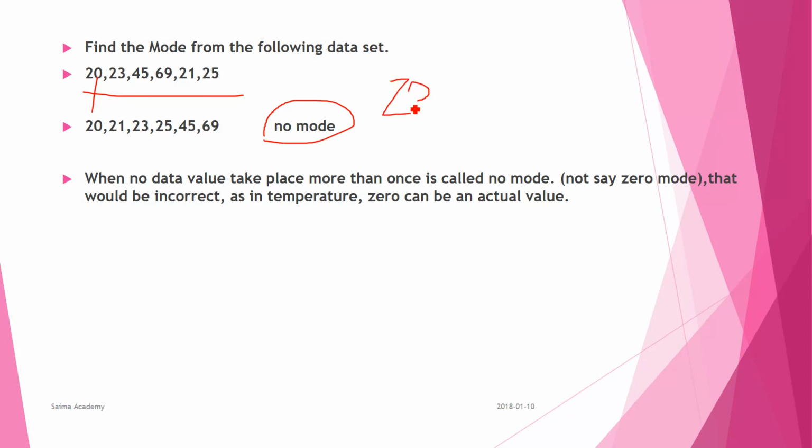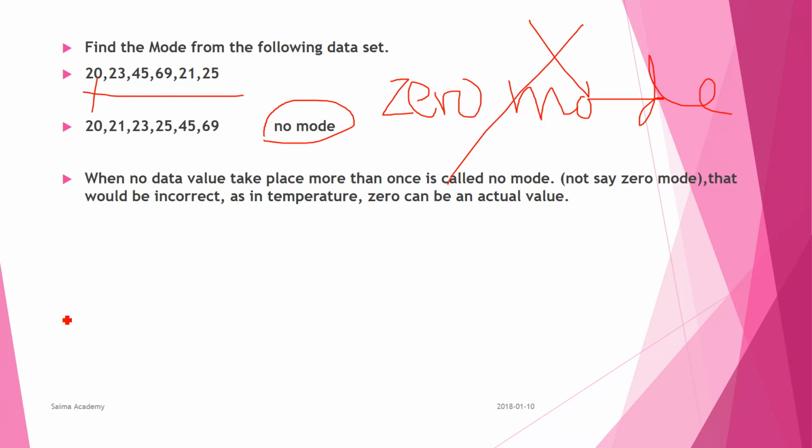You cannot say zero mode. Please do not use the words zero mode. When no data value takes place more than once, it is called no mode. Do not say zero mode, that would be incorrect, as in temperature zero can be an actual value, right?